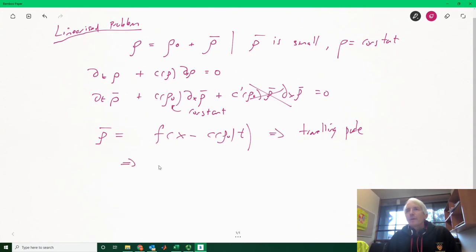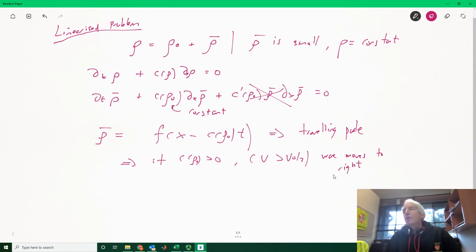So if c of rho naught is greater than 0, okay, that means V naught is greater than V, which is greater than V naught over 2, then the wave moves to the right, the direction of travel. Okay, and that's the direction of the cars.